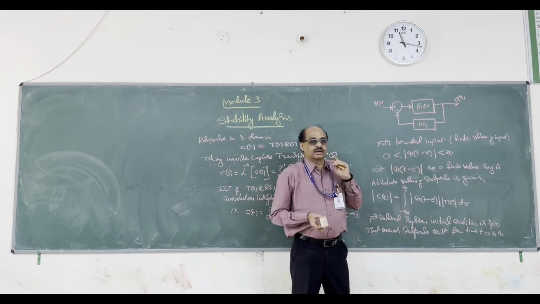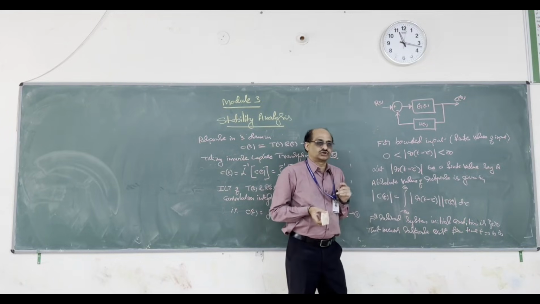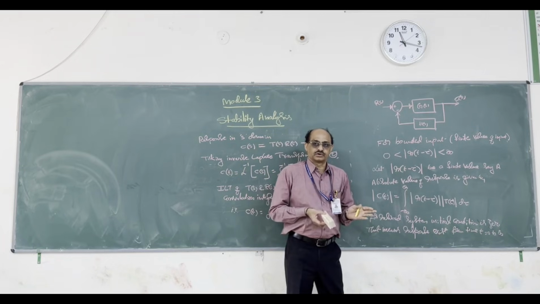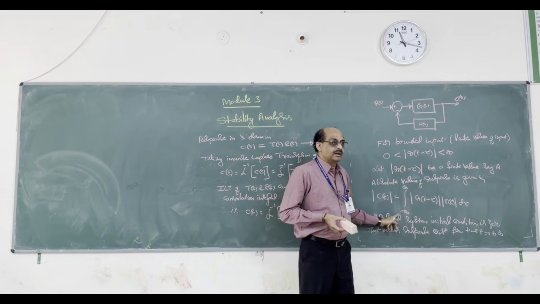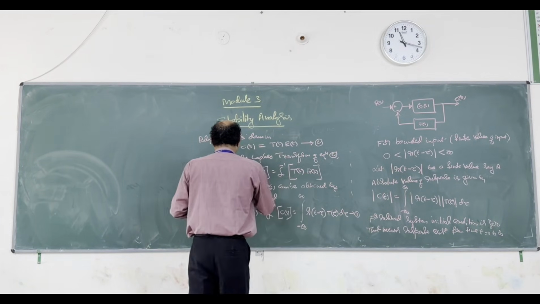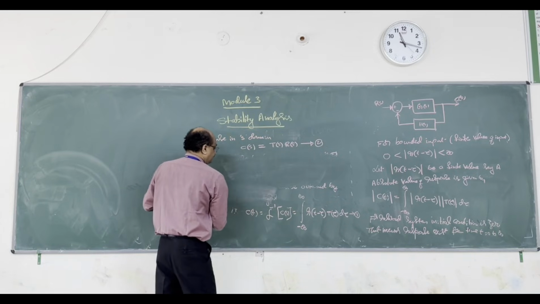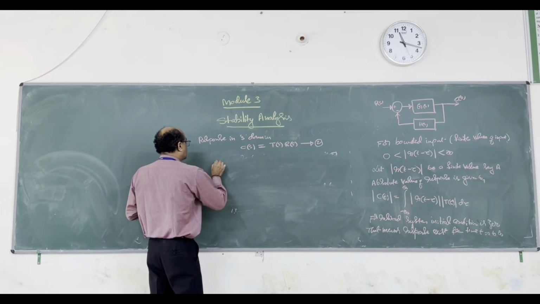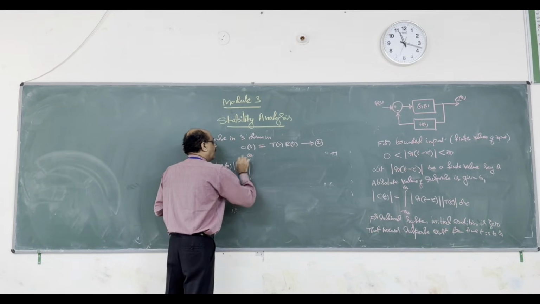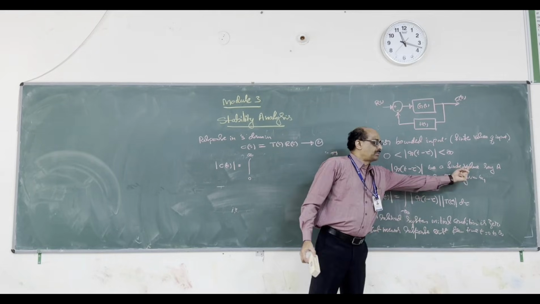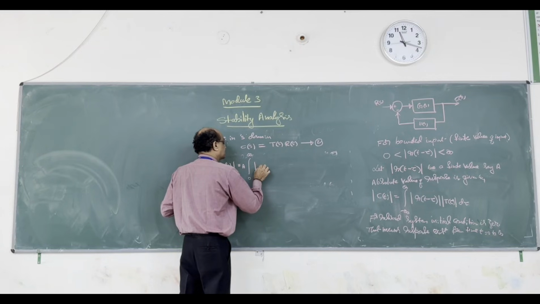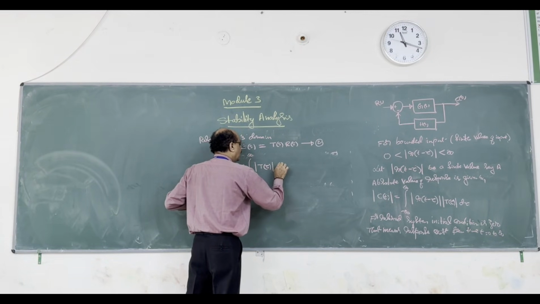So when it is a relaxed system, the initial condition is 0, and since the initial condition is 0, the response can exist from 0 to infinity. So we can change the limit of this convolution integral from 0 to infinity. We can then write the magnitude of C of t as the integral from 0 to infinity, where I can replace the modulus of R by a value a.